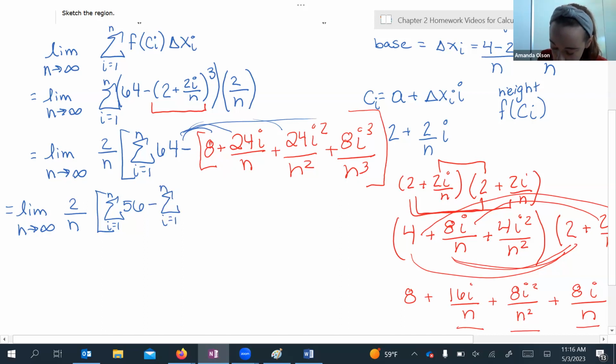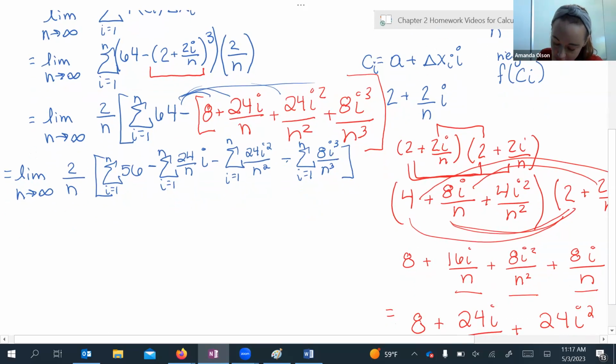We can factor out a 24 over n, not that it really makes a difference, 24 over n times i, minus the sum from i equals 1 to n of 24i squared over n squared, and then minus the sum from i equals 1 to n of 8i to the third over n to the third. We can distribute, but I'm going to wait to distribute that 2 over n, and I'm going to complete each one of these summands.